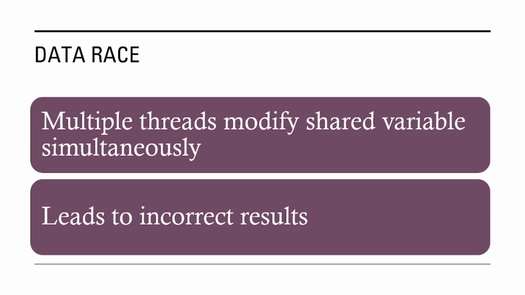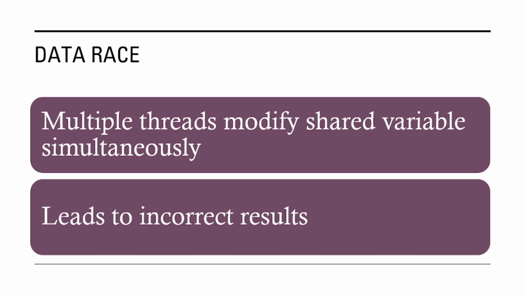Mainly because the shared variables are accessed concurrently, no synchronization mechanisms like critical, atomic or locks are used, and the execution order of threads is not controlled. So what are the consequences of these data races? There are incorrect results, unpredictable behavior, and errors that are difficult to debug and reproduce.